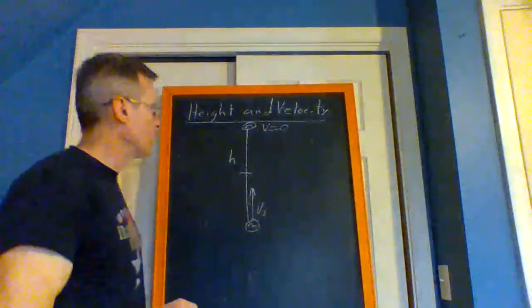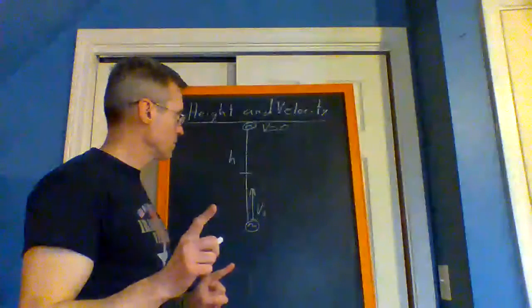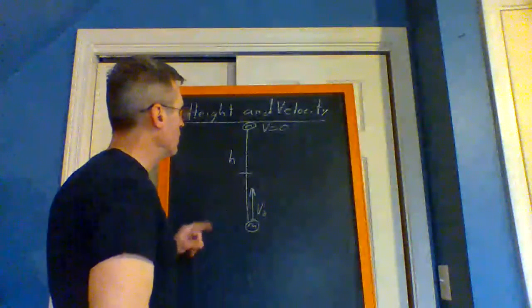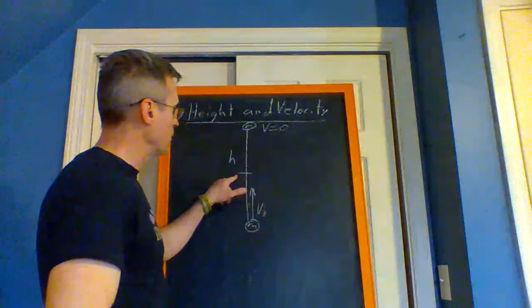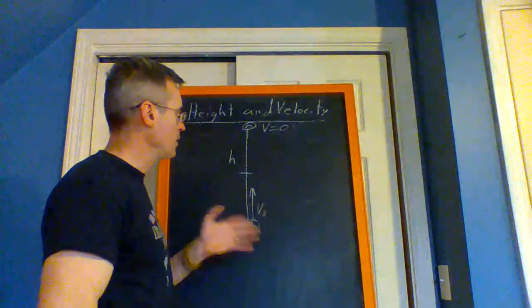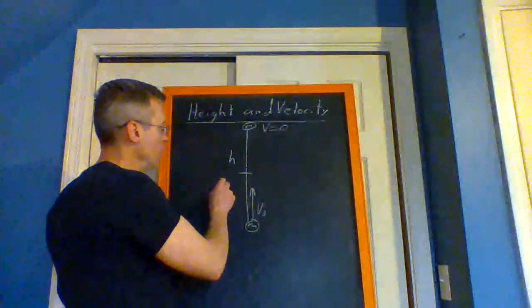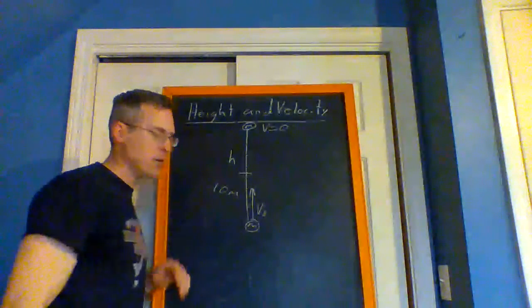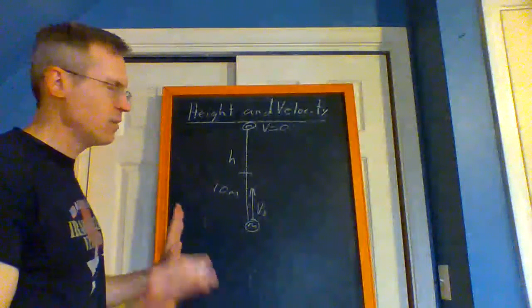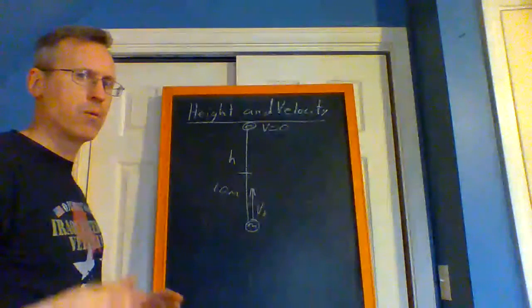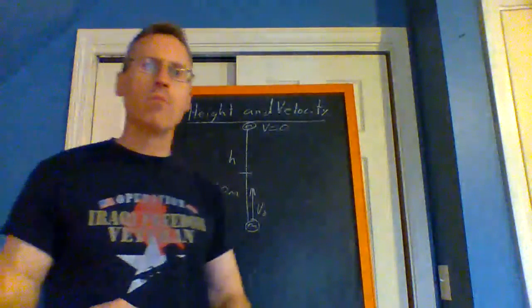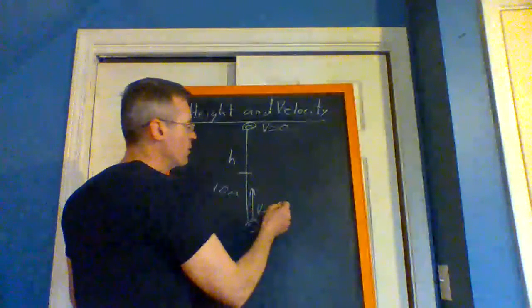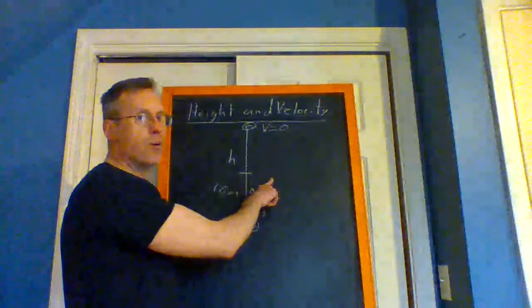Let's say I want to find the speed that it has 10 meters up or something like that. Actually, let me just set it up for you. I don't want to get too much into the numbers, but let me show you how we could solve a problem like this. You might have to go into the total energy equation.